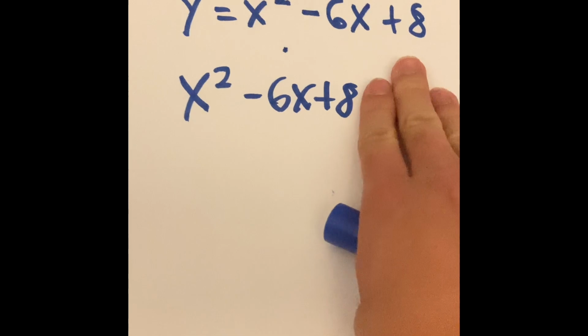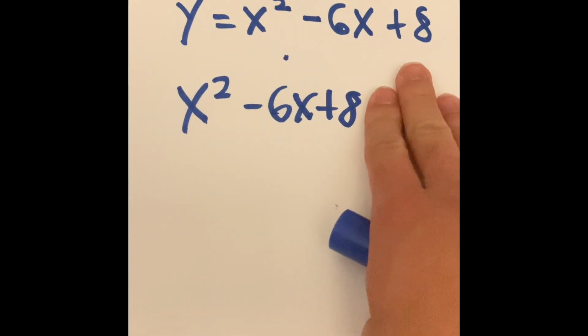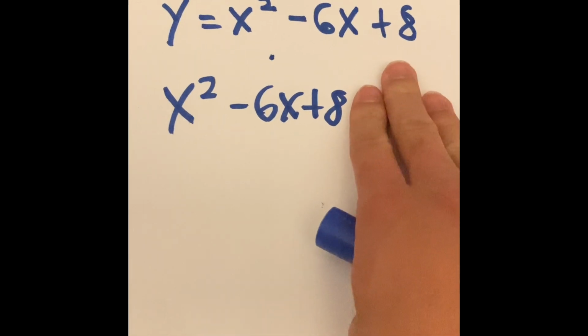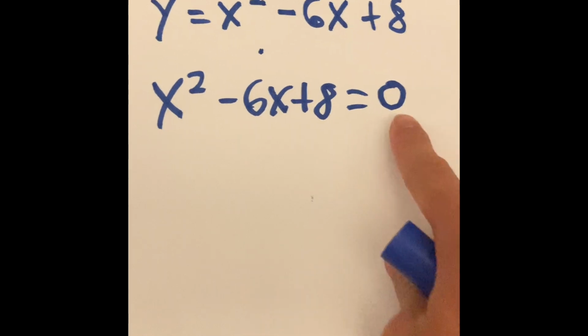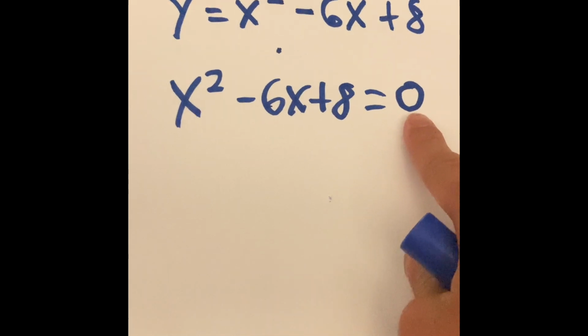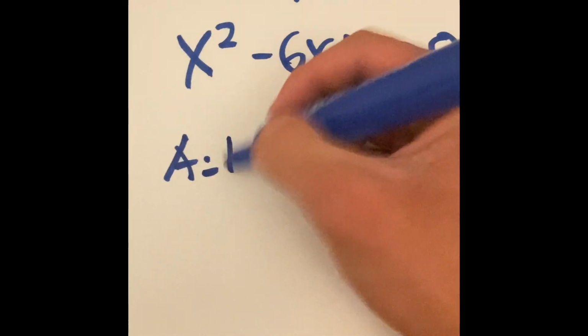Ignoring the 0, you have to factor x squared minus 6x plus 8. When you find the two binomials, you'll be able to find out what x is when it equals 0. So let's use the diamond problem, because a equals 1.